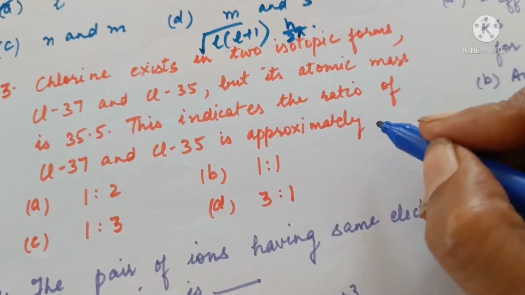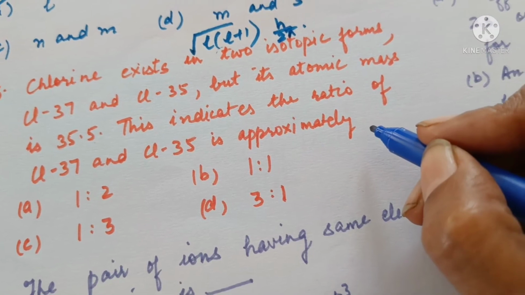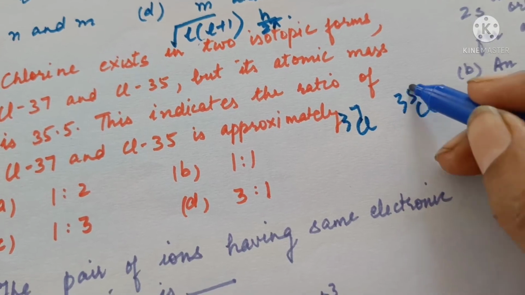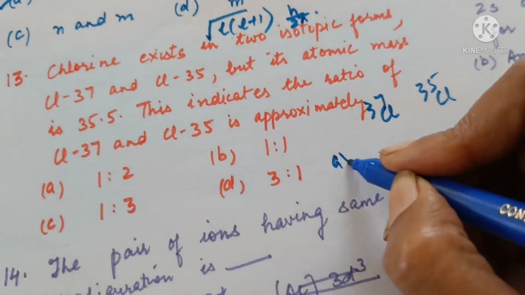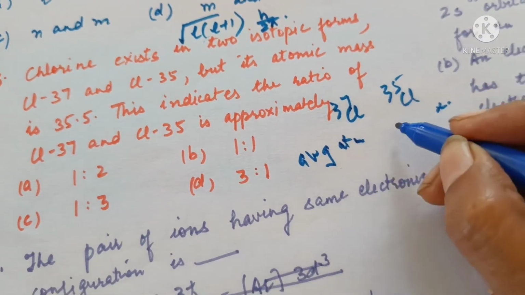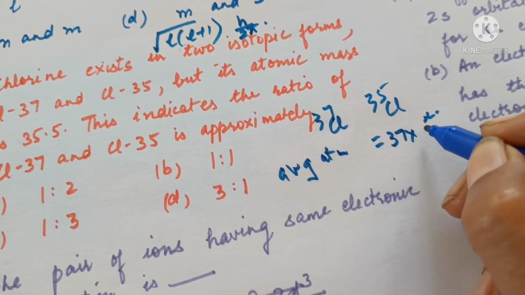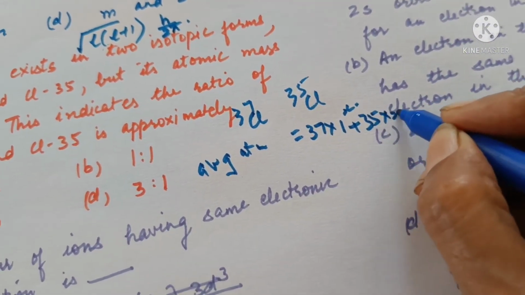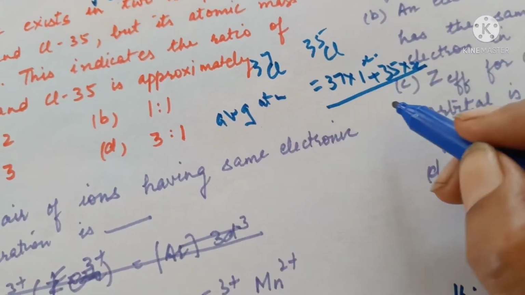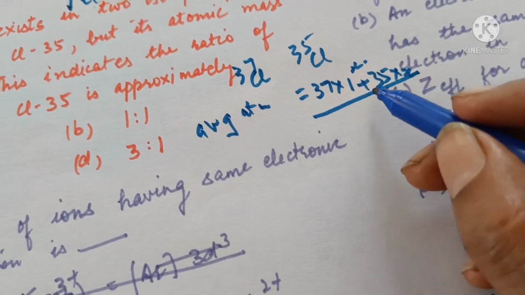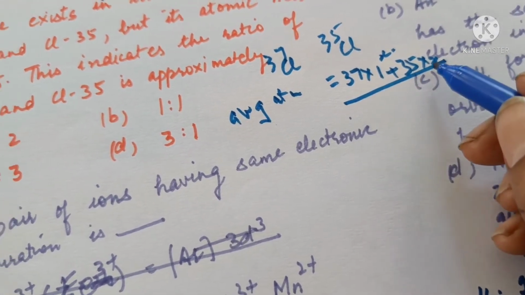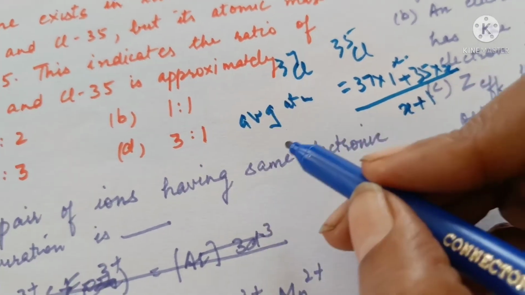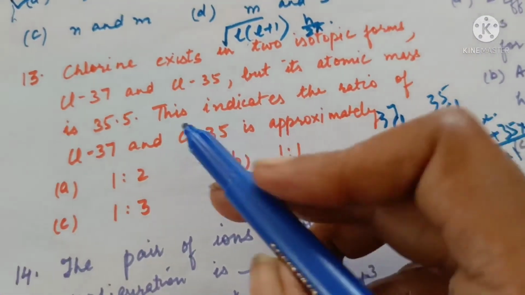Let the number of Cl37 atoms be 1 and Cl35 be X. To find the average atomic mass, we take the atomic mass into number of atoms, plus the atomic mass into number of atoms X, upon total number of atoms, which is X plus 1.